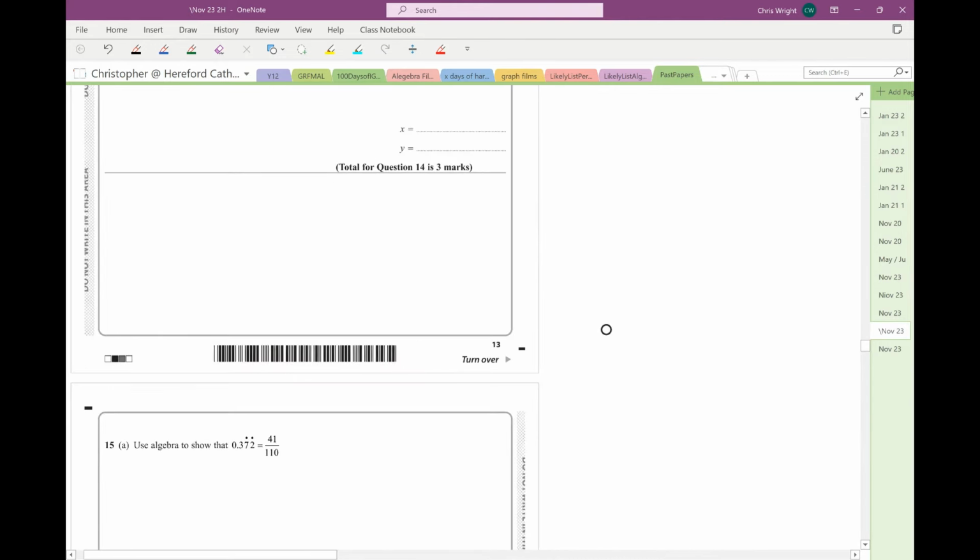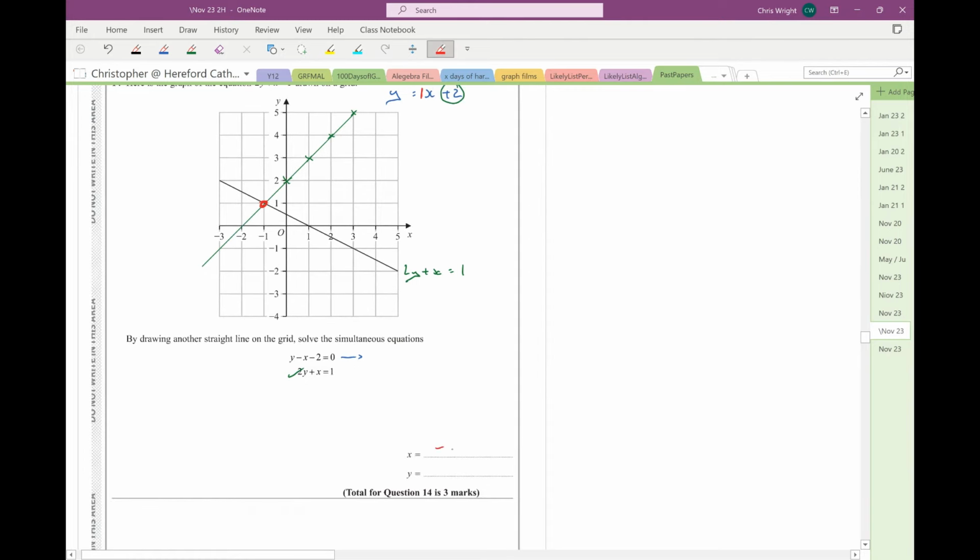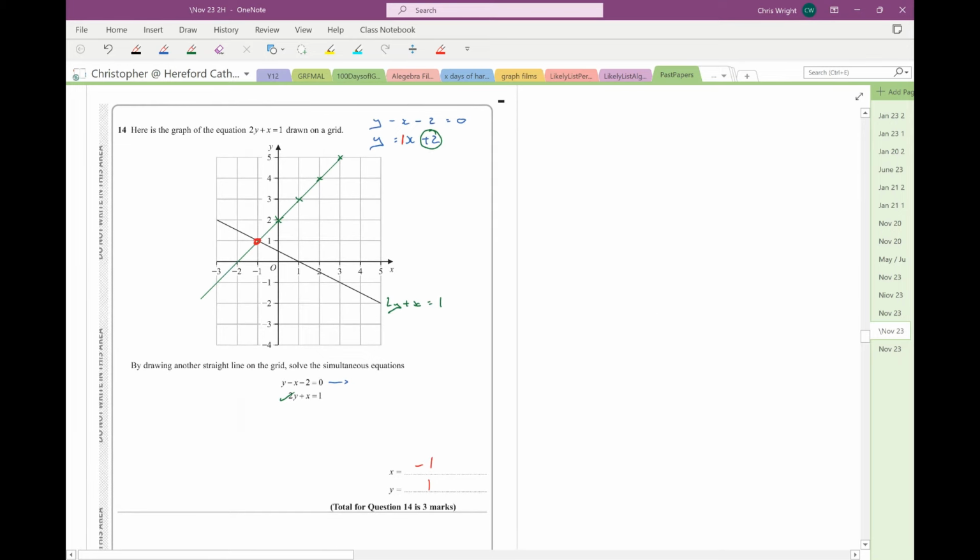Because where the two lines cross, that is the point which is on both of the equations. So here's the point where they both cross, and that has x equals -1 and y equals 1. And there is my answer to question 14.